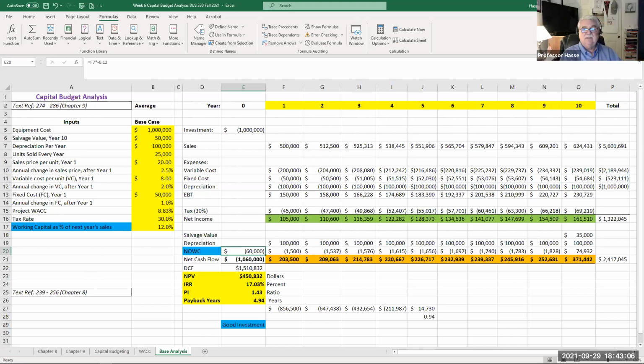Any other questions on this? Now, here's what I would do if I were you. Right now, sitting in Blackboard is that blank file folder with this hasn't been filled out yet. I would download that and I would try to do this problem on your own in the next day or so. If you have time, try to do it, because then I'm going to upload this tonight and it's going to say updated week 6 capital analysis.